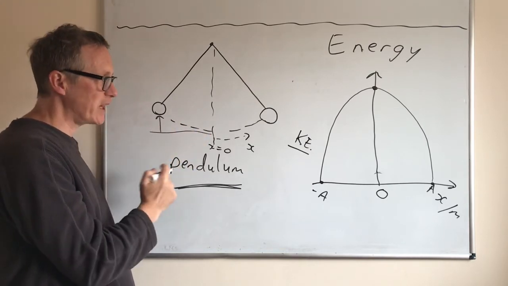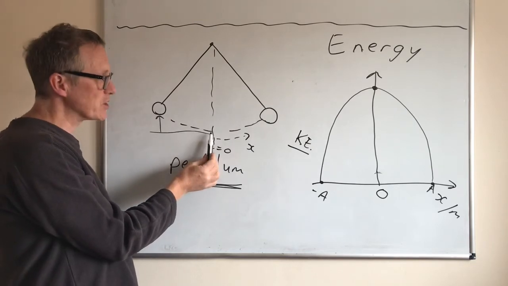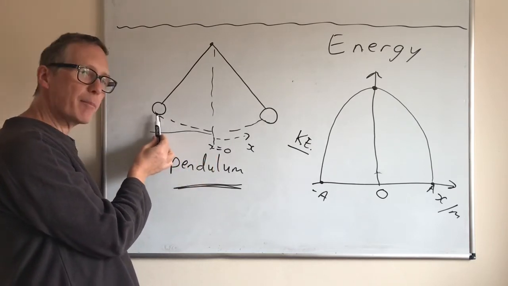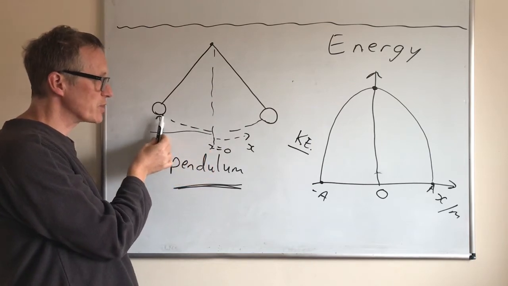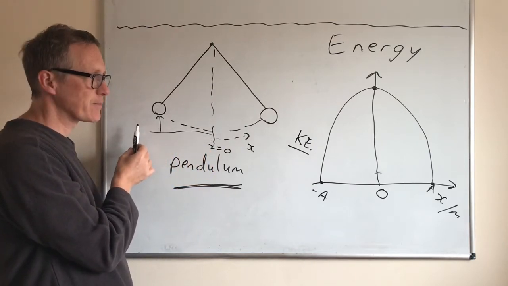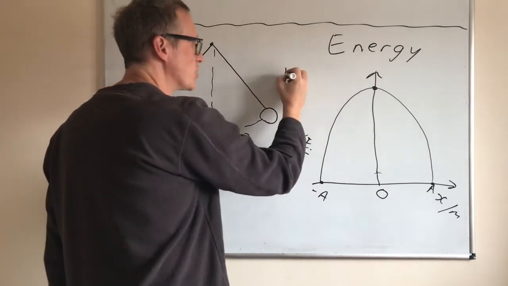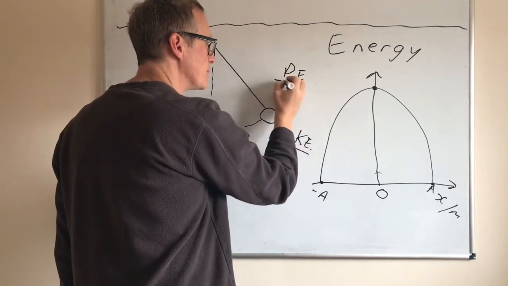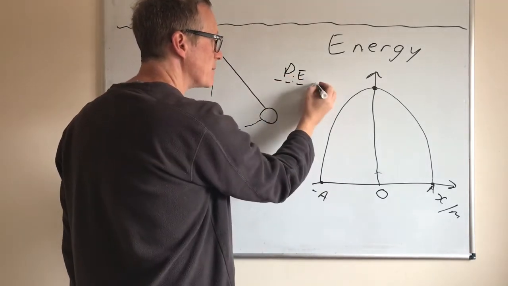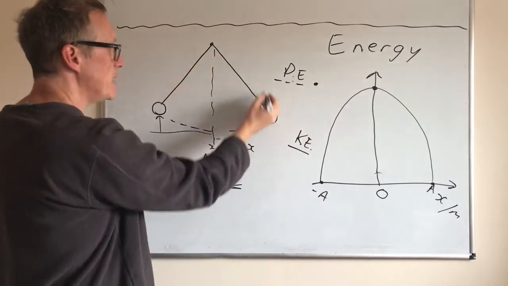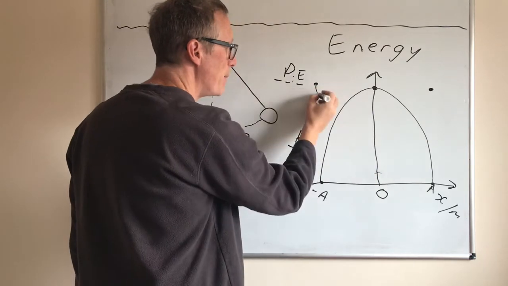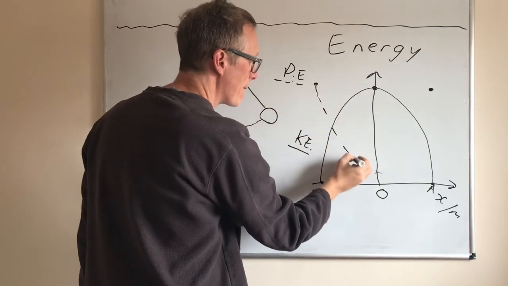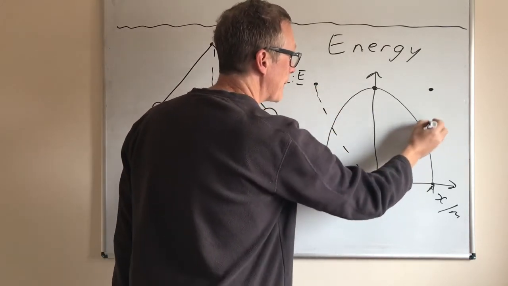So we could say that as the bob swings from the middle to the amplitude, that kinetic energy is being transferred as gravitational potential energy. So the potential energy of the system is at a maximum at the extremes of the motion and is at a minimum in the middle.